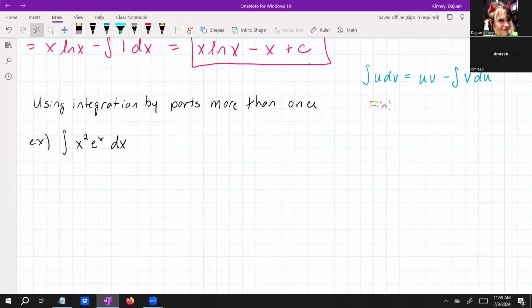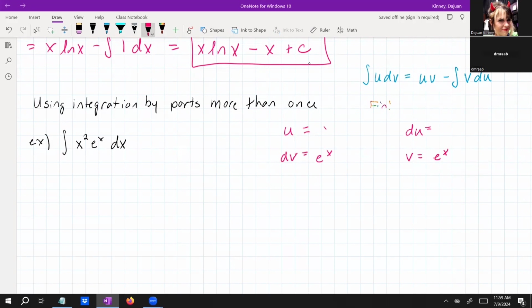All right, so I assign a u and a dv, and then I'm going to find a du and a v. And you already know we're going to do this more than once. So again, we have an e to the x. That is probably going to be our dv. In this case, it is.